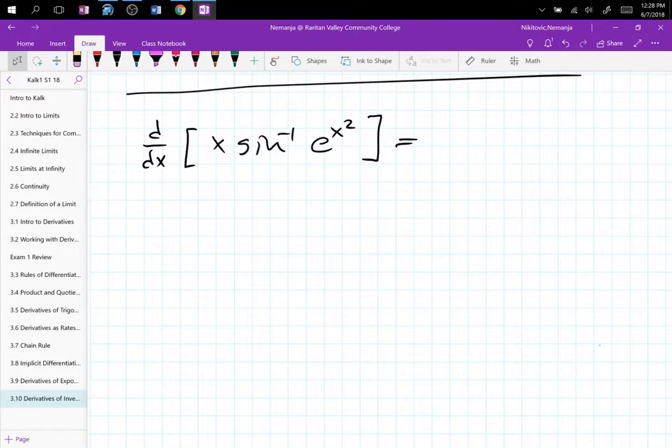So this is a product rule. We are going to do the standard: copy the first times the derivative of the second. Now the derivative of the second is going to be, we have the square root of 1 minus, and now instead of x squared we have to use f of x squared, which is e to the 2x squared.